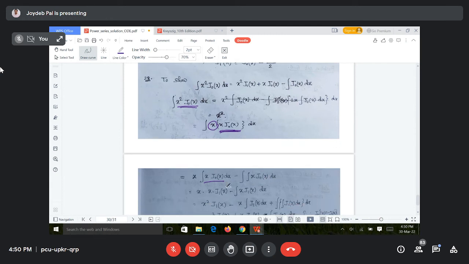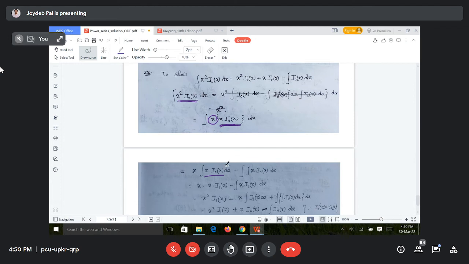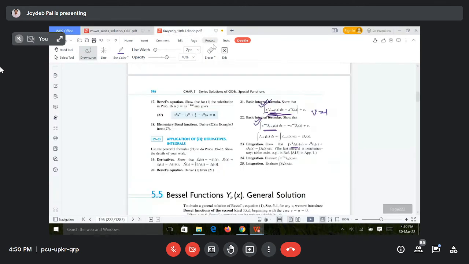Now you see how I can substitute the value of this integration. You try to reduce the number of integrations. Now I can reduce that integration into a Bessel function. So x into J naught integration by the first formula: if I put nu equal to 1, then what will be the value?